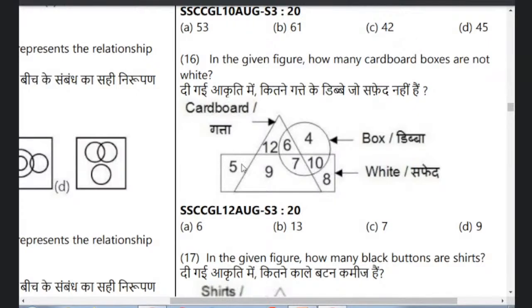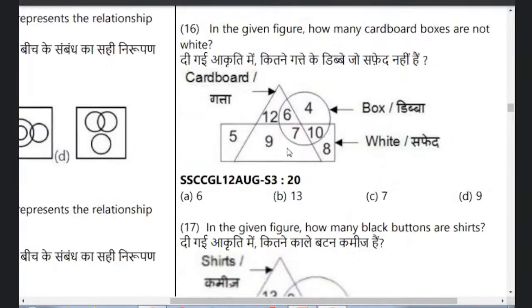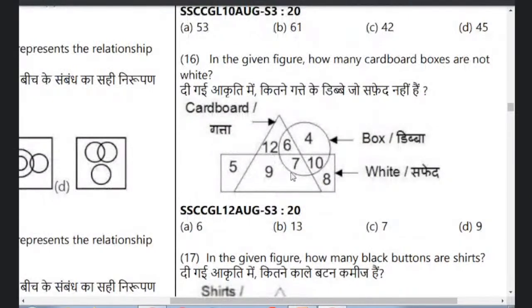So cardboard boxes that are not white lie in the rectangle and circle but not in the white rectangle. 7 represents cardboard box with white. A is the correct option, because 6 represents box and cardboard but not white.